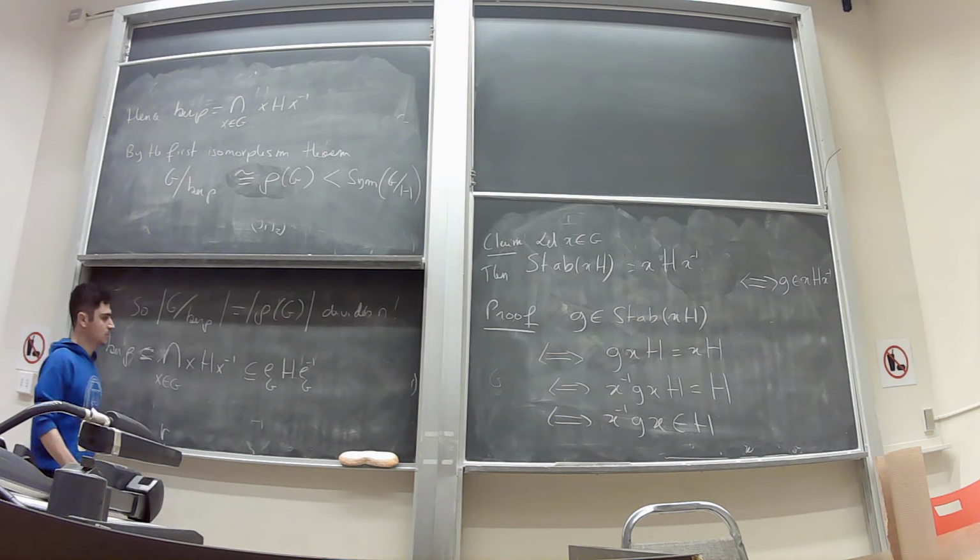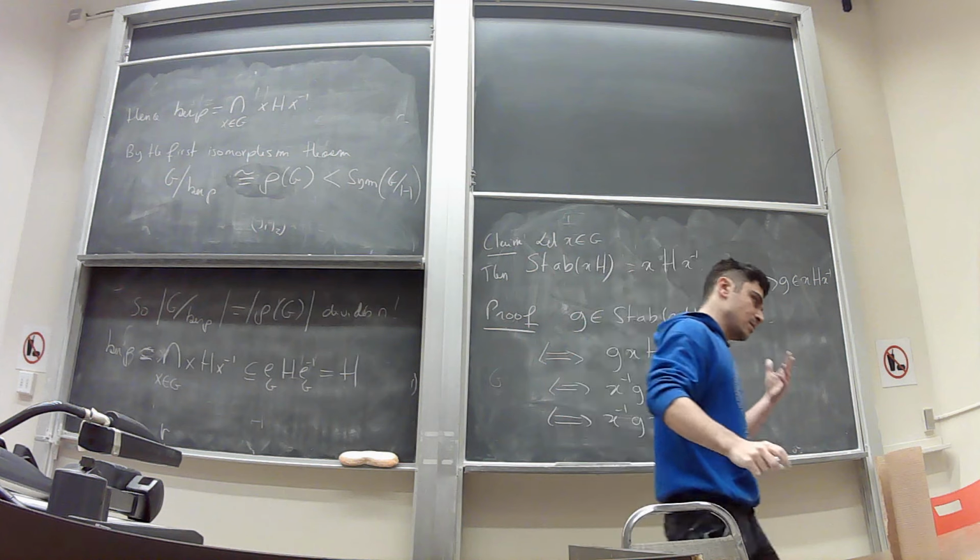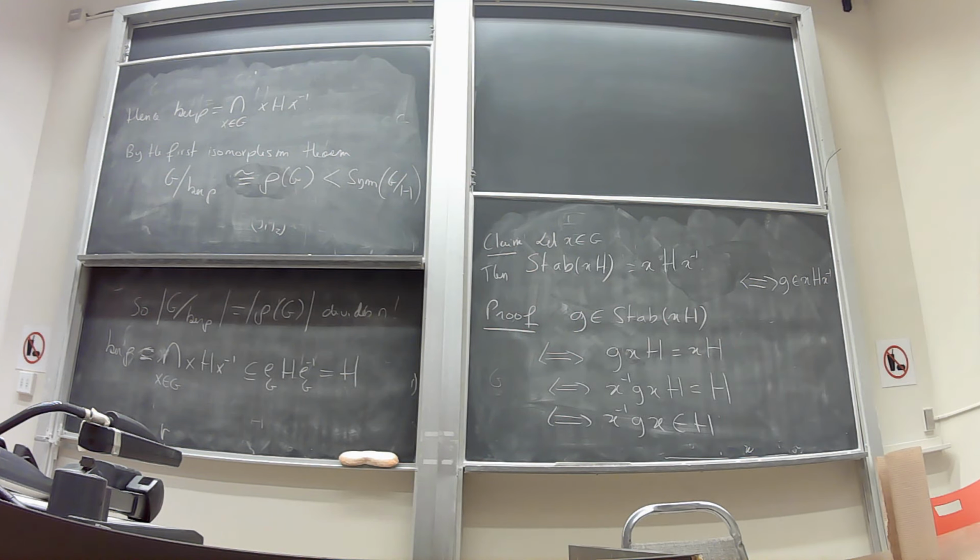You get H. The kernel of rho is contained in H. H has index n, and the kernel of rho has index dividing n factorial.